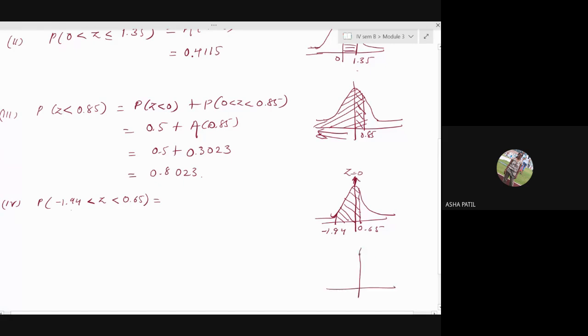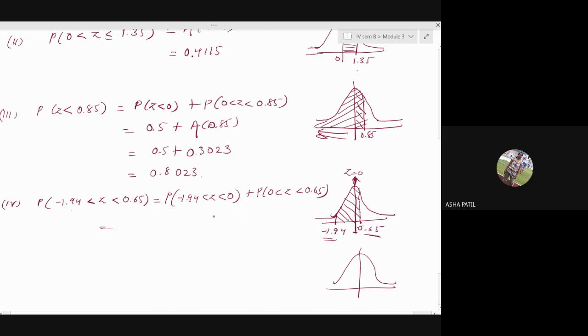So what we do is, we'll take this value 0 to 0.65. It is probability that z lies between minus 1.94 to 0 plus again probability that z lies between 0 to 0.65. This is what we want actually. Minus 1.94 to 0 and again 0 to 0.65.